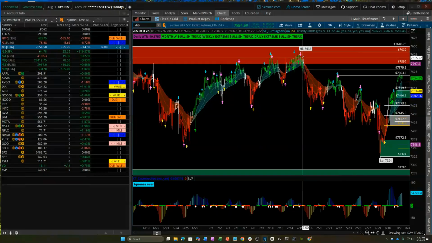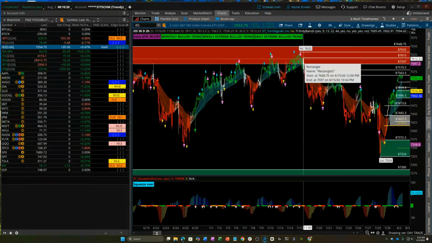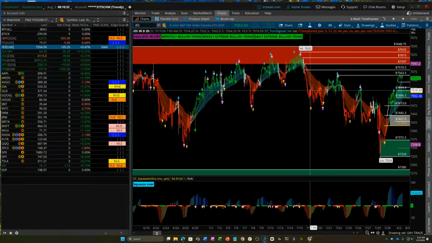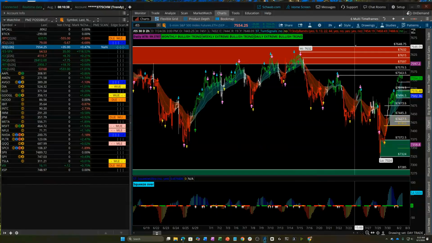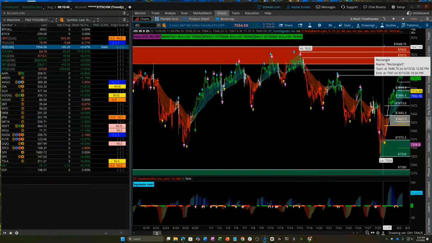I could also mark these topping wicks right here, where on the next day it looks like we fell from on that Friday. So 76.15, that's going to give me a couple of levels inside of the supply zone to trade off of. And the way that we can trade off levels inside a supply or a demand zone is this.